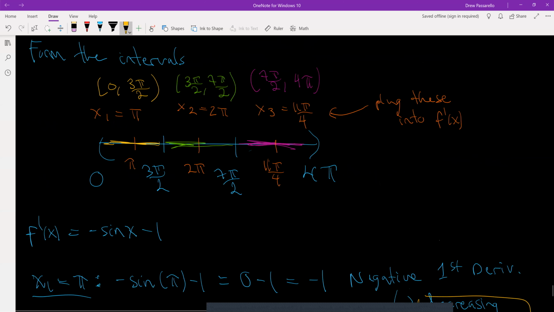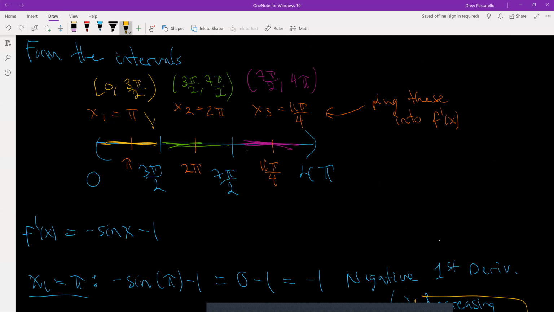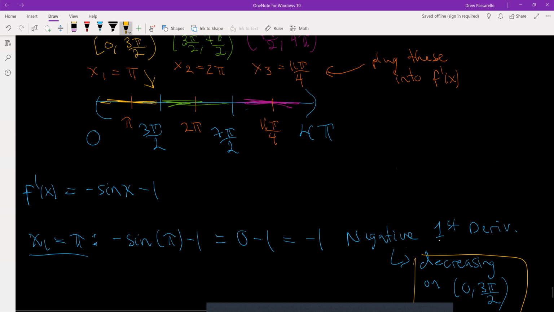All right, so I know for the first interval, the graph is going down. Now I need to check for the other two.